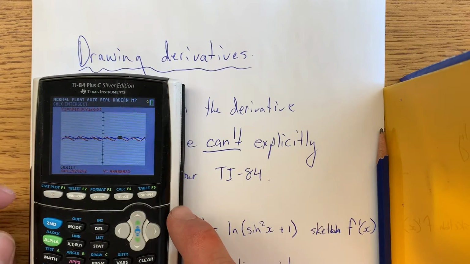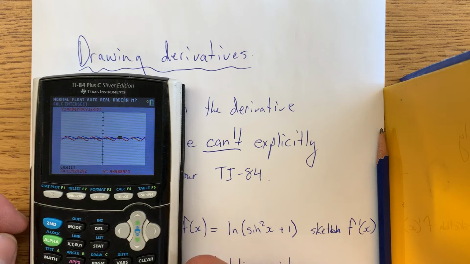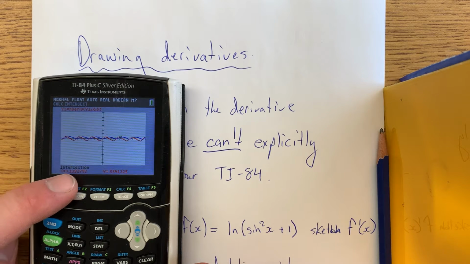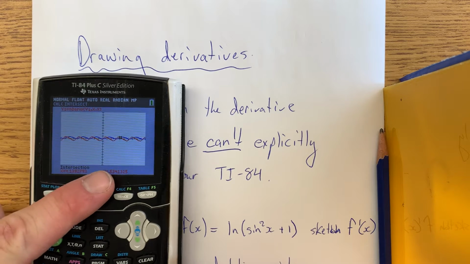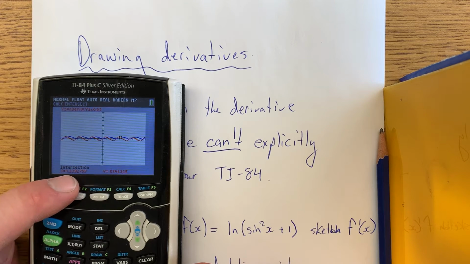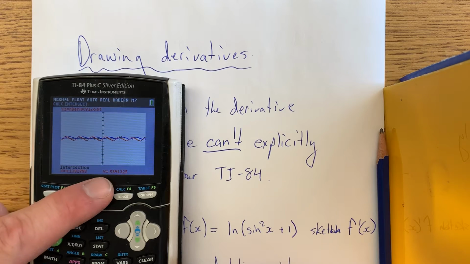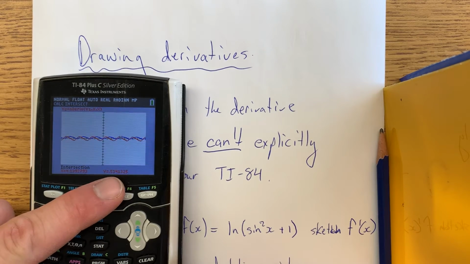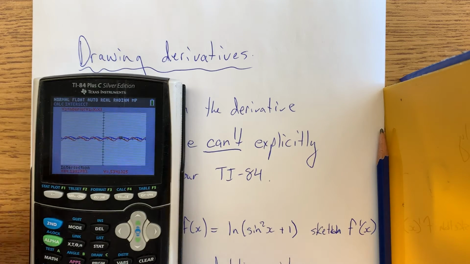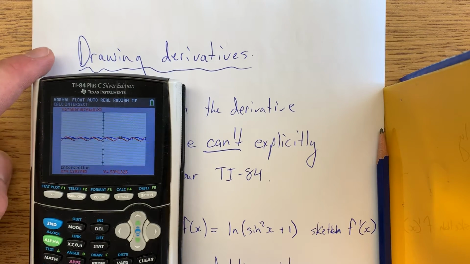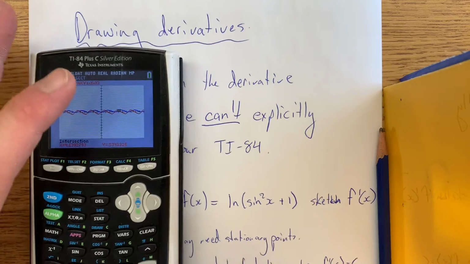But we'll hit enter. And it gives us our intersection point. So we know there's an intersection there where the function and the derivative are the same. And that occurs at 4.139 on the x-coordinate and 0.534 on the y-coordinate and on the slope. So that is one way in which we could use graphs of our derivatives.